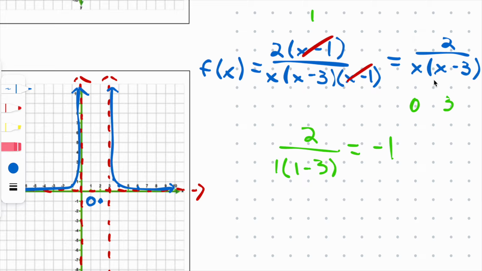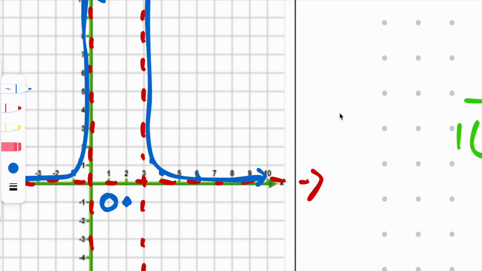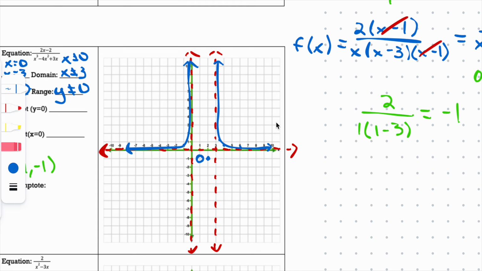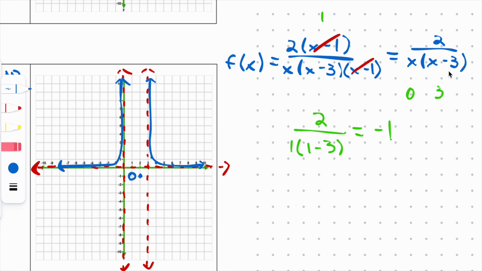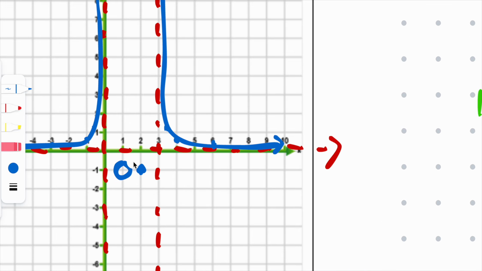And -1.5 times 1.5 is -2.25. 2 over -2.25, we don't need to know exactly what that is, but we know that the numerator is slightly less than the denominator, so I know it's going to be a point up here like that.